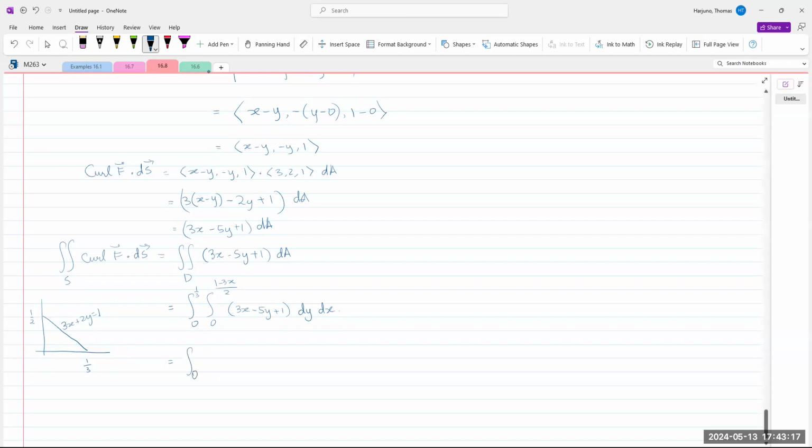Integral from 0 to 1/3 of 3xy minus 5/2 y squared plus y, from 0 to (1 minus 3x) over 2, dx. So this will be 3x times (1 minus 3x)/2 minus 5/2 times ((1 minus 3x)/2) squared plus (1 minus 3x)/2.